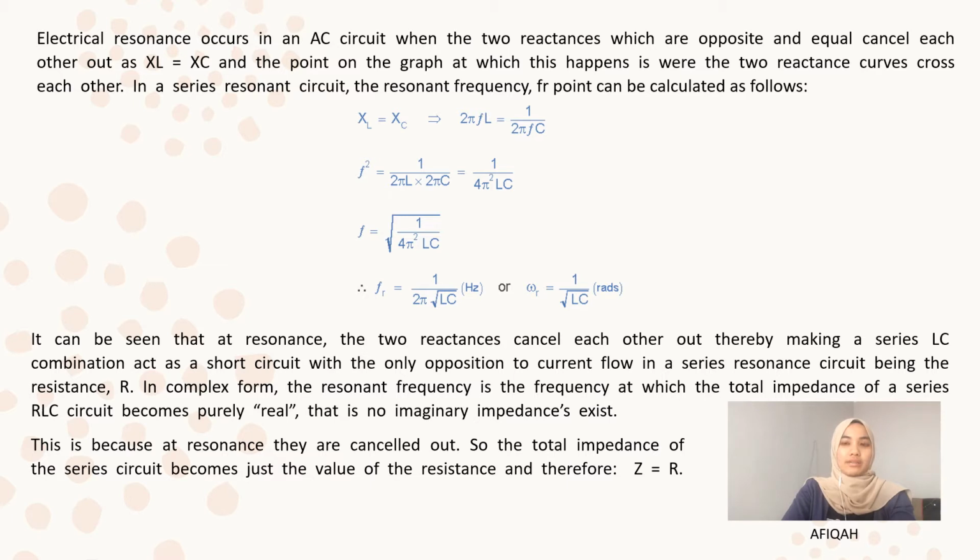It can be seen that at resonance, the two reactances cancel each other out, thereby making the series LC combination act as a short circuit, with the only opposition to current flow in a series resonance circuit being the resistance R. In complex form, the resonant frequency is the frequency at which the total impedance of a series RLC circuit becomes purely real, so no imaginary impedance exists. This is because at resonance they are cancelled out, so the total impedance of the series circuit becomes just the value of the resistance, and therefore Z is equal to R.